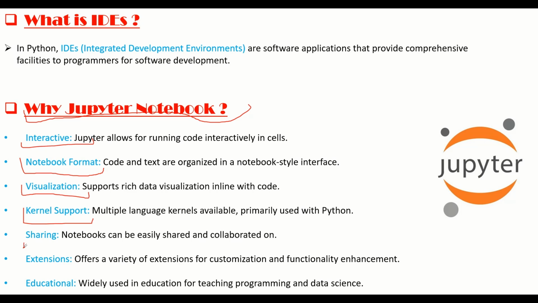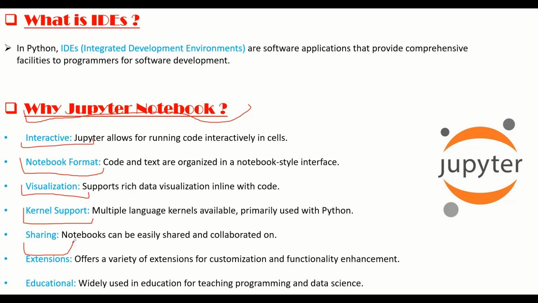And the next one is sharing. Notebooks can be easily shared and collaborated on. It is also a good feature of Jupyter Notebook. Jupyter Notebooks can be easily shared and collaborated on. Notebooks can be saved in various formats, including IPYNB.